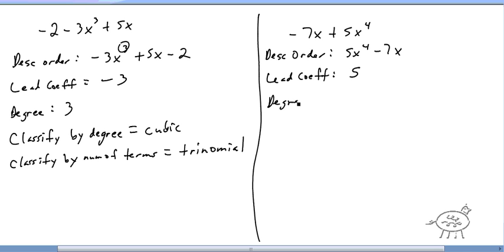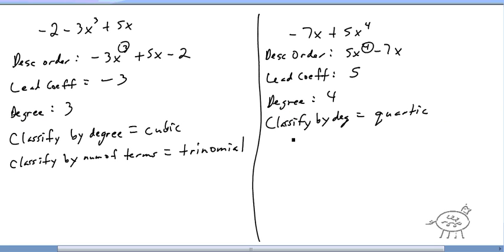Degree is 4. That's the x to the fourth. And that's going to be quartic. And by number of terms, classify by number of terms. That's 2. It's got 2 terms, so it's a binomial. Okay, so that's that first part.